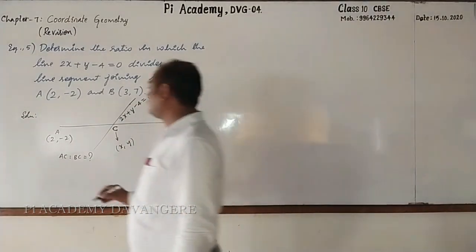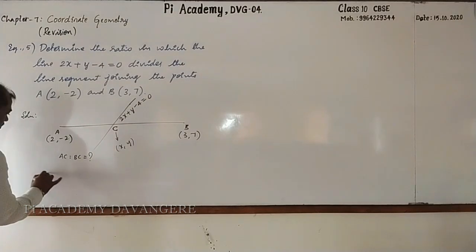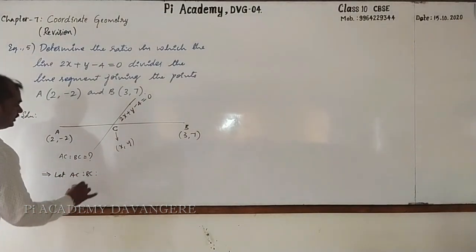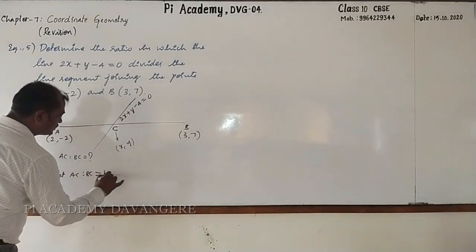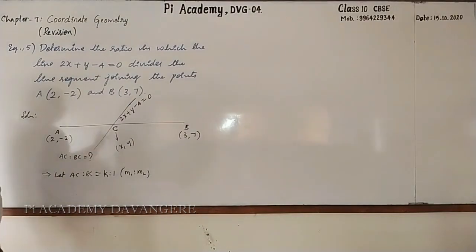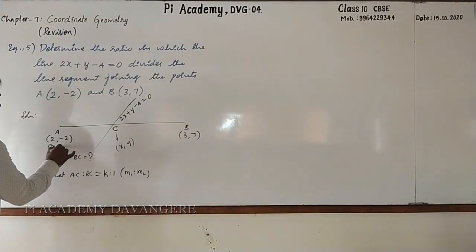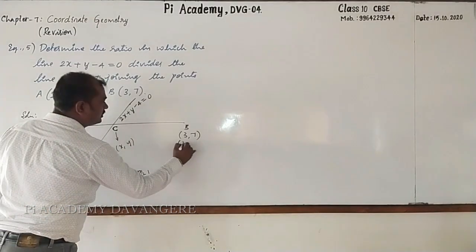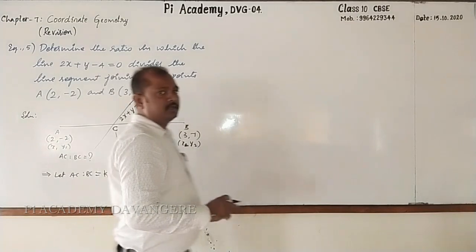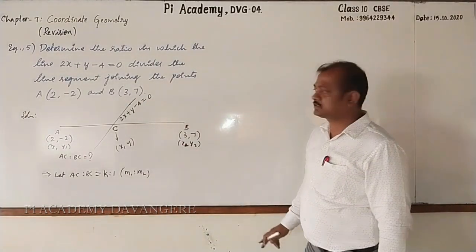Let AC : BC = k : 1, which is nothing but m1 : m2. Then you may take this as (x1, y1) and this as (x2, y2). Then the coordinates of C are (x, y).